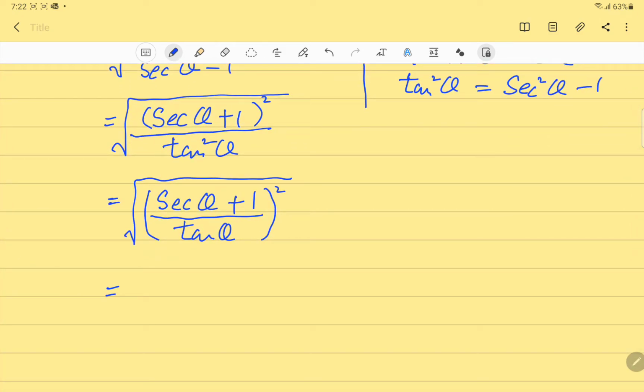Square will cancel with under root, so we are getting secant theta plus 1 over tangent theta, which is equal to the right hand side, as required.